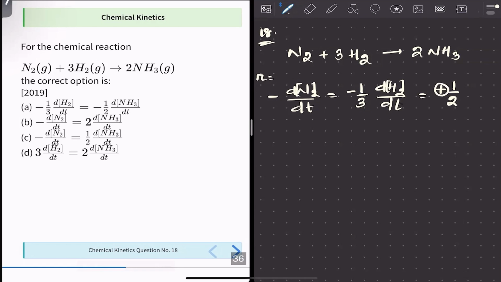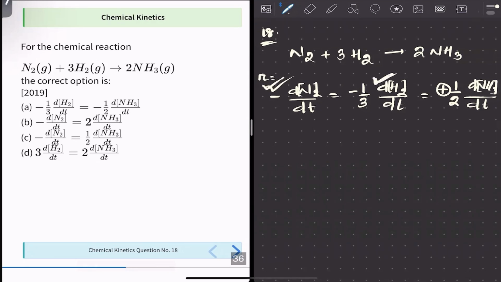Half dNH3 by dt. From the options, let's see which one matches this equation. Minus 1/3 dH2/dt is equal to minus half dNH3/dt. No, it will be a plus sign, so option A is incorrect.